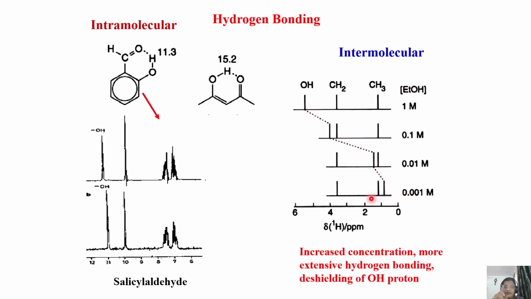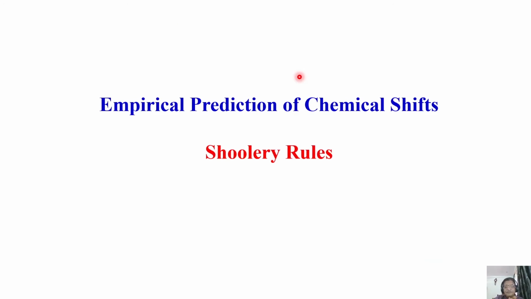That's what I said: for exchangeable protons, OH and NH, there is no distinctive chemical shift range. At very low concentration of EtOH, it was beyond CH3, very high field. As you keep increasing the concentration of EtOH, it moves so much downfield. A drastic shift is there. So these things help you in understanding hydrogen bonding and other things.